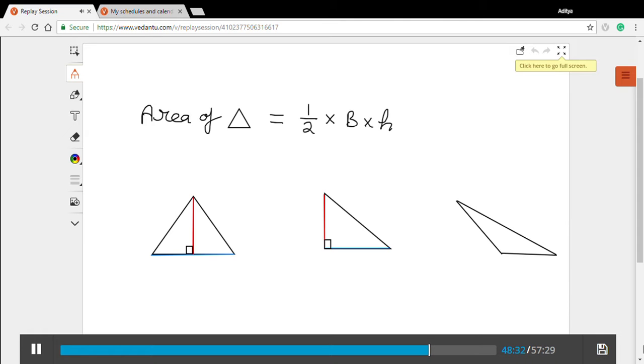But now if you want to draw a height, say this is the base, how do we consider the height in this triangle? Even if you draw a perpendicular, we won't be able to draw a 90-degree within the triangle. So would it be outside the triangle? Yeah, correct. We just need to draw it outside the triangle, and we can produce this bottom side.